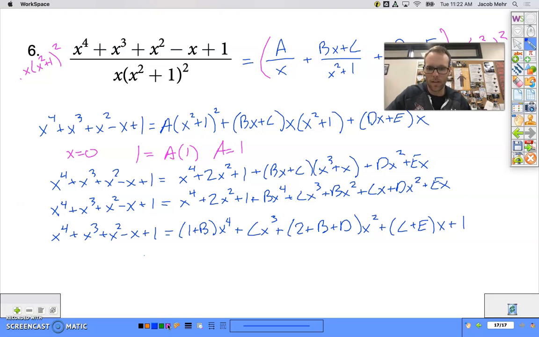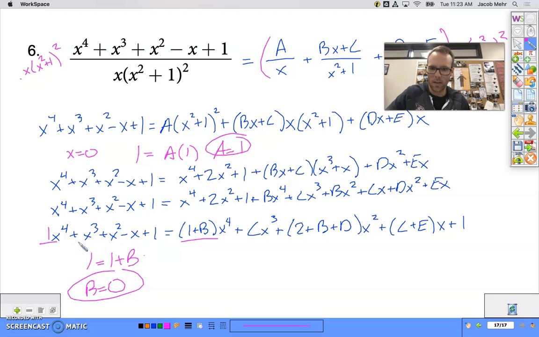So, taking a look at this, 1x to the 4th, 1 equals 1 plus b. b is 0. All right, we got a's 1. We got b is 0. X to the 3rds. Let's try that again. 1x to the 3rd equals cx to the 3rd.